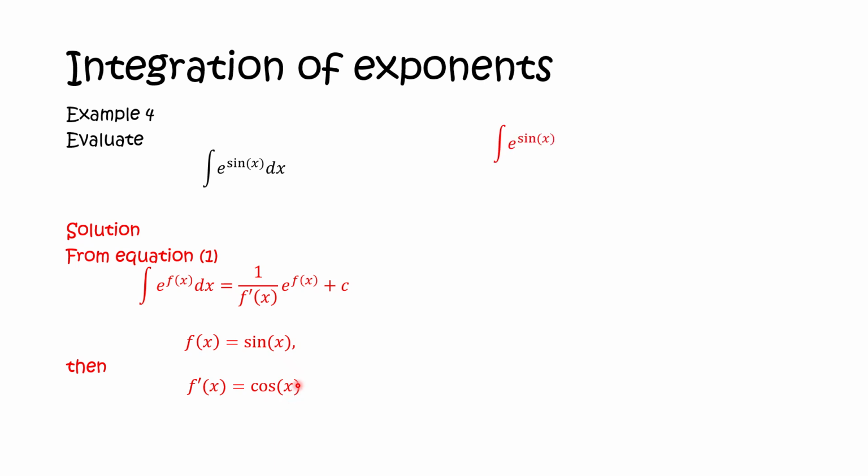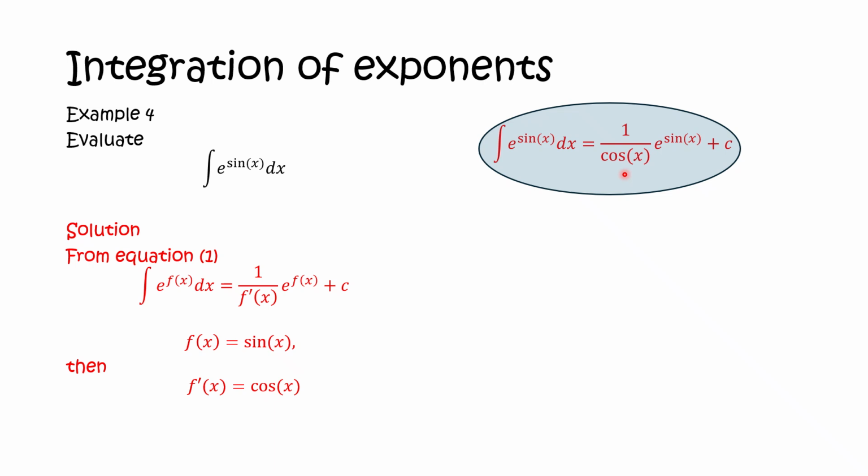Now, we simply substitute this integral of e to the sine x dx into the formula or equation 1 that we highlighted before. Then our answer becomes 1 over cosine of x times e to the sine of x plus the c.